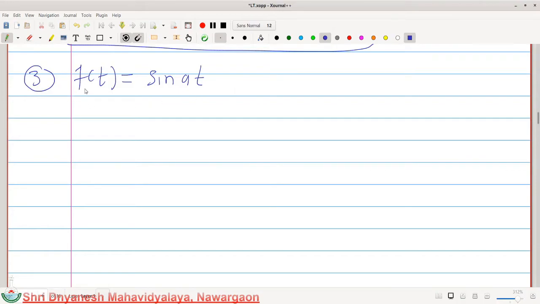Okay. Let us give the function f1(t) and set f2(t) as cos at. We are going to find the Laplace transform of this function and this function, that is sin at and cos at. So first we find the Laplace transform of sin at. Okay, so I hope you remember the formulas for sin at.